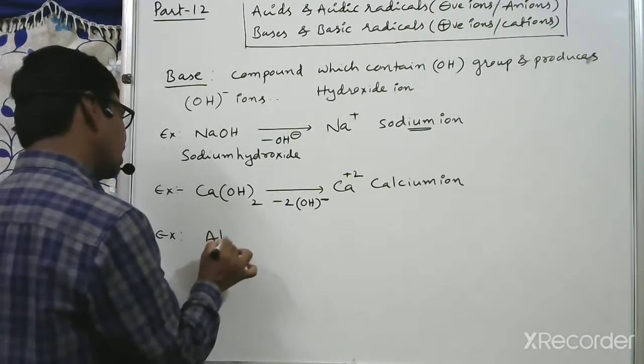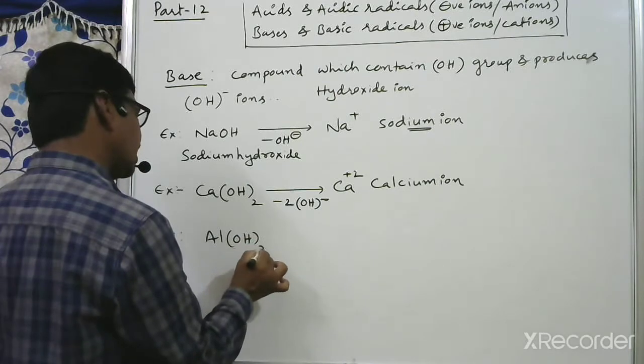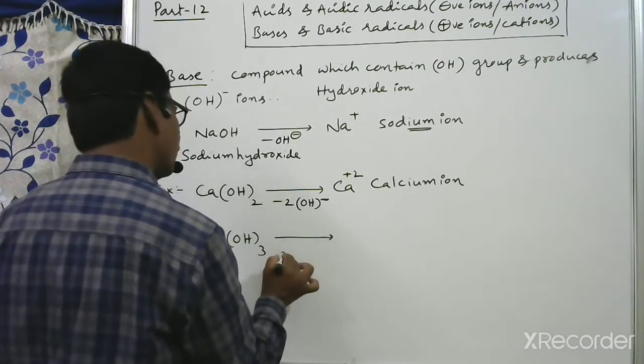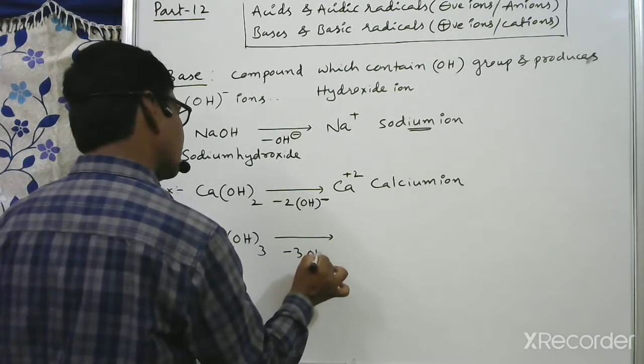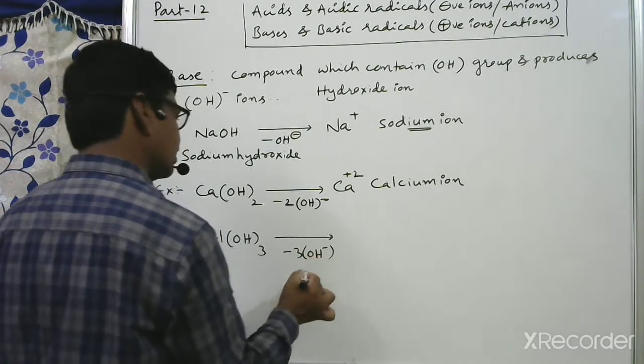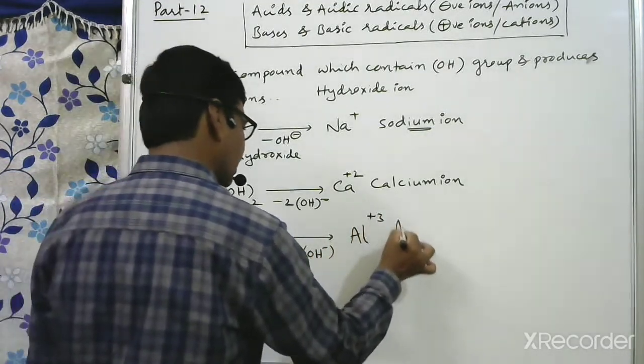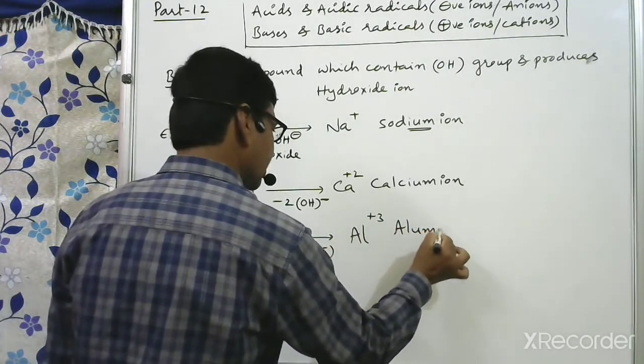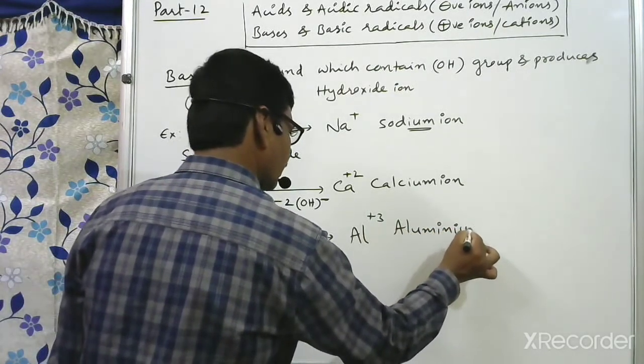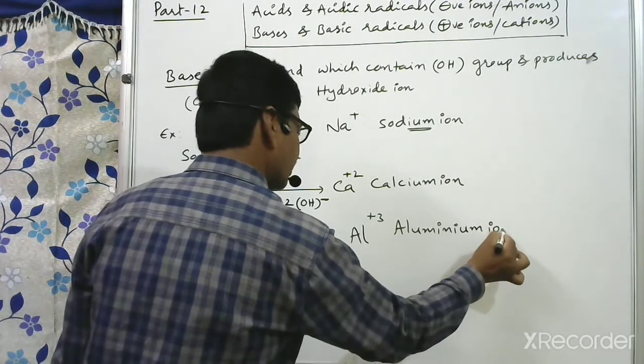Aluminium hydroxide, Al(OH) taken thrice. From this, we can remove 3 OH groups, 3 OH minus ions. So we get aluminium plus 3 ion. It is aluminium ion.